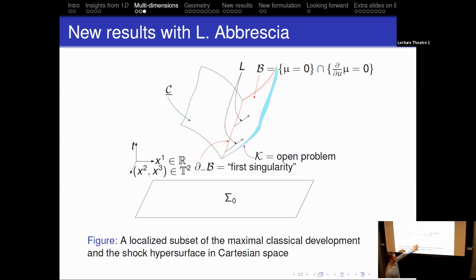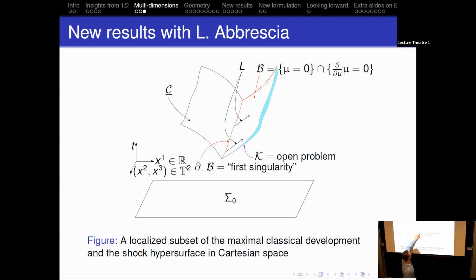The difficulty of needing lots of derivatives has been present in all of the works on shock formation in multi-dimensions that I'm familiar with. And so basically, the statement is that from such smooth initial data, there evolves a solution that is smooth all the way up to and including this Cauchy horizon C bar.